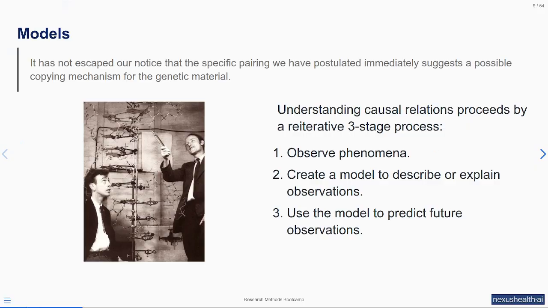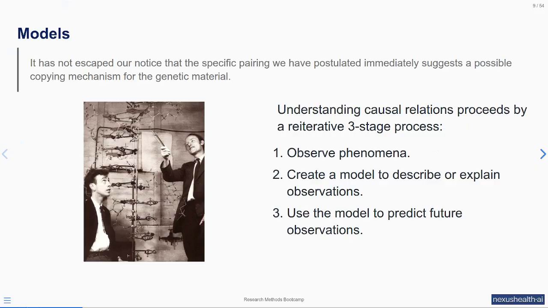And in using the model, we continue to collect data and continue to observe phenomena. And we tweak or improve the model based on the data we collect and how well it's able to predict future observations. And so you see that it's basically a circular process that reinforces itself.